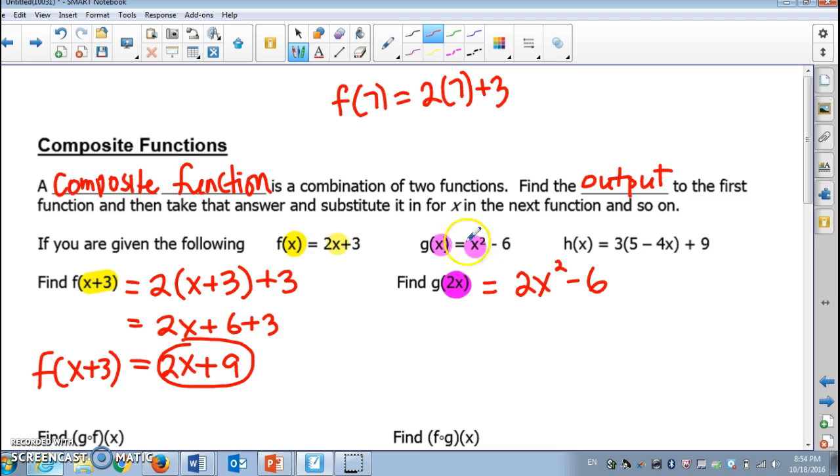But in this case, we are squaring the whole 2x because we replaced x with 2x. So we are squaring 2x. What's that going to be? 4x squared minus 6. So g of 2x is equal to 4x squared minus 6.